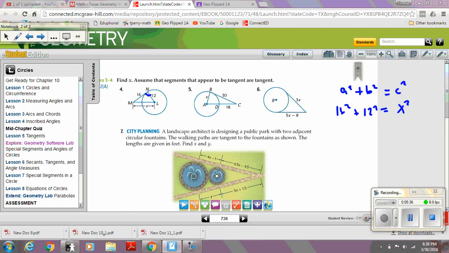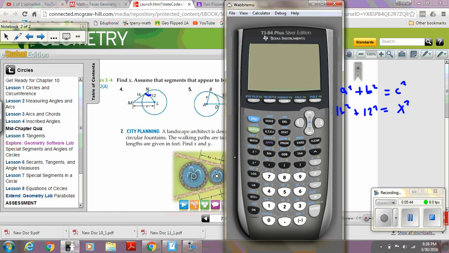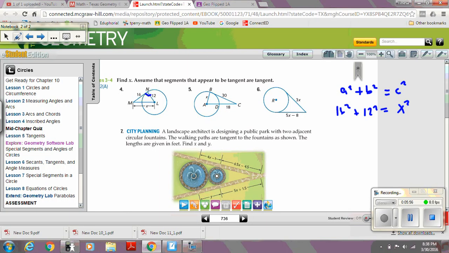16 squared, I believe is, I'm not even going to lie to you, I forgot. 256. 12 squared is 144.